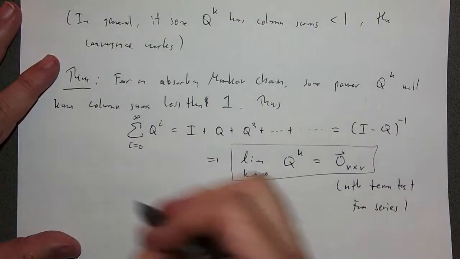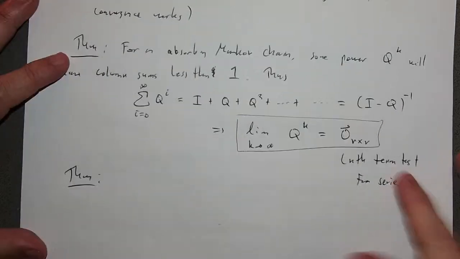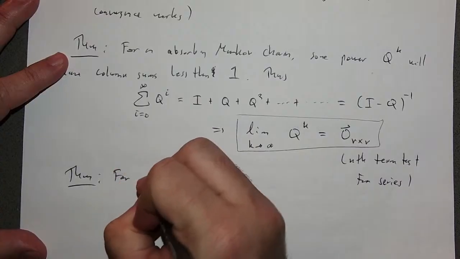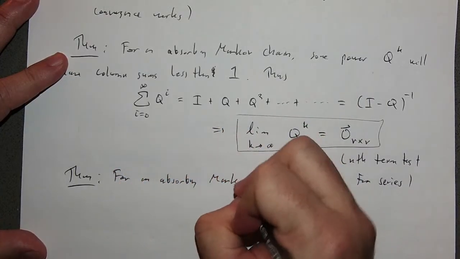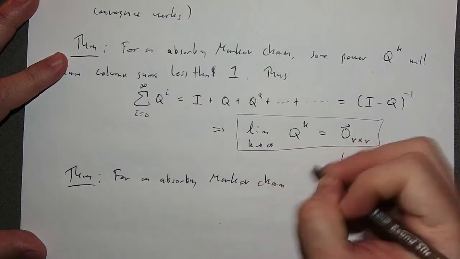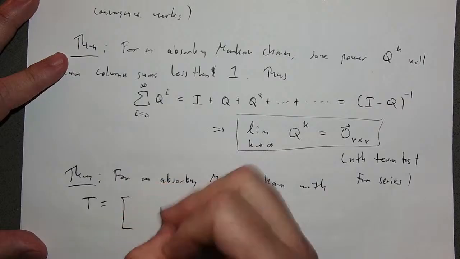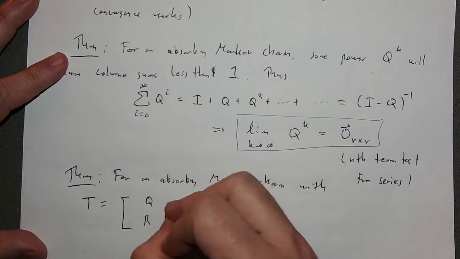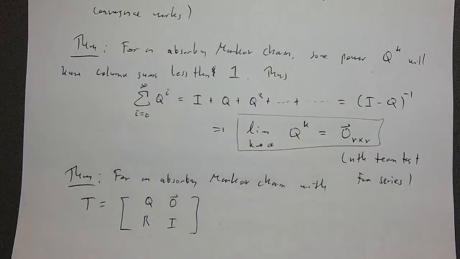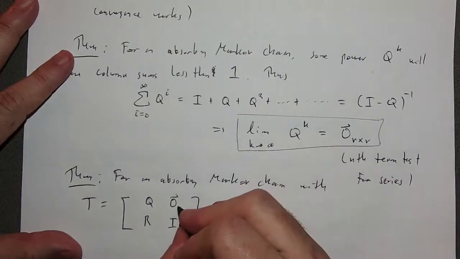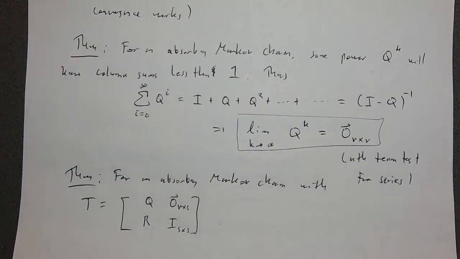And so, putting all of this together, we have the following. For an absorbing Markov chain, with transition matrix that looks like this, all of those having the same. Here, this is R by S. This is S by S. You can tell what these have to be based on that.